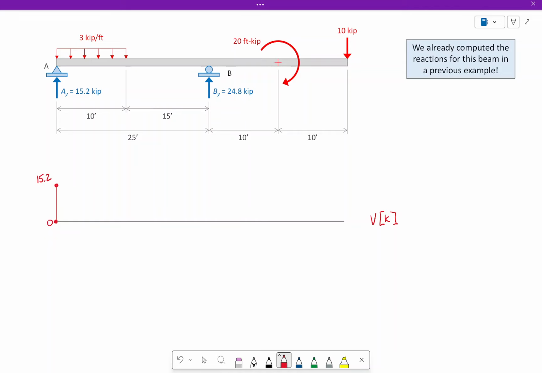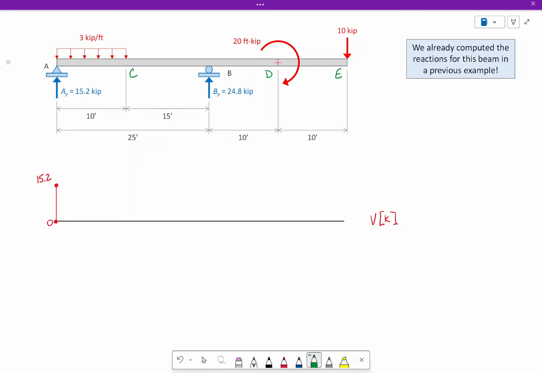Tell me what happens. Let me throw some letters on here just to have something to reference. So we'll call this letter C, letter D, letter E. So tell me what happens on the shear diagram between A and C. I heard somebody use the word triangle. Okay, that's correct, but give me some more specifics.